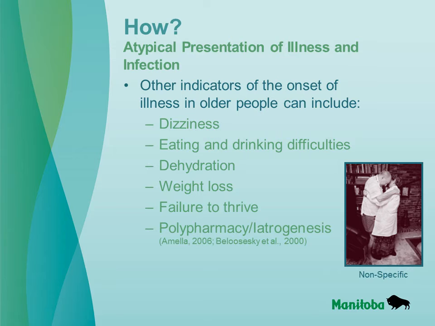Such indicators tend to be nonspecific and can lead to overuse of medications, leading to polypharmacy and/or more health-related problems related to interventions of the medical system, and that we call iatrogenesis. So with this slide, any of these things that are different or new for a resident indicate something else is changing. Could be an onset of a new illness or an infection.